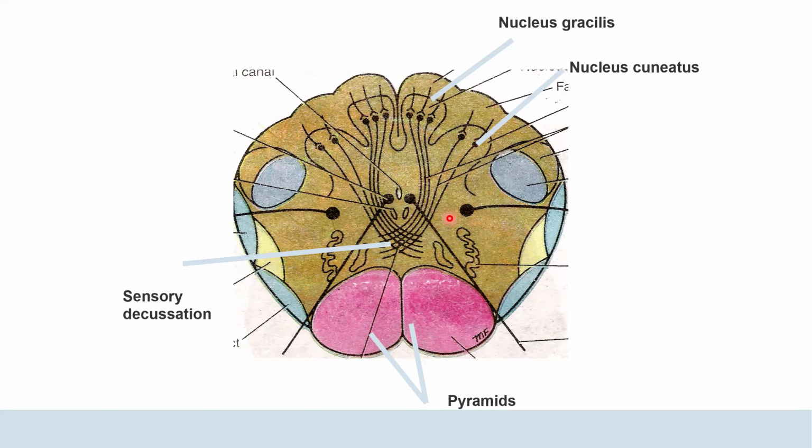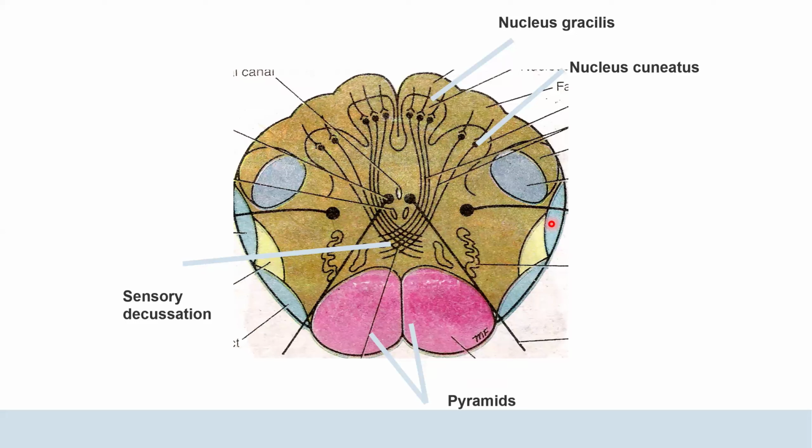Okay. Now let's remember the configuration that I was telling you guys about with the sake of arrangement. So we said that the motor nuclei would be located more medially. Meanwhile, the sensory nuclei would be located more laterally.